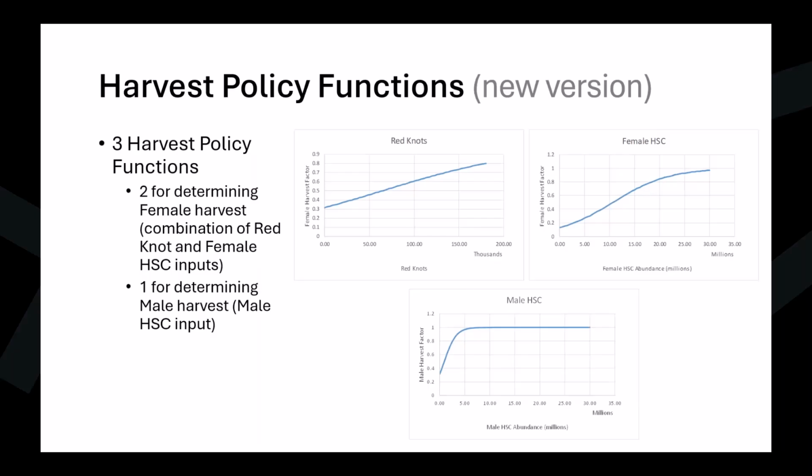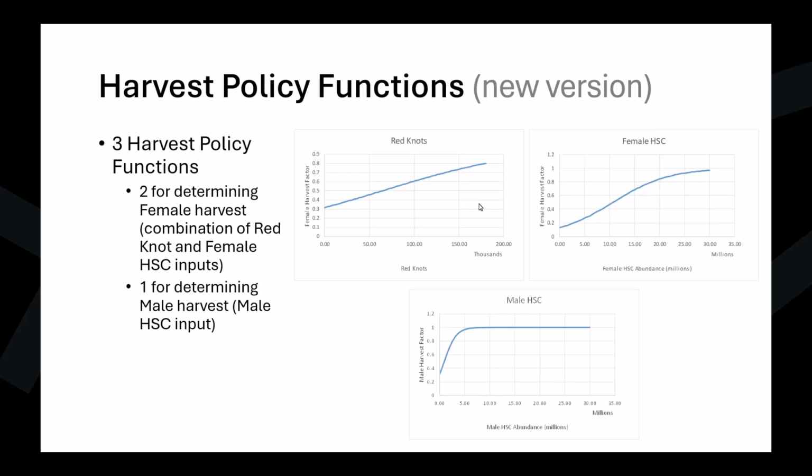Okay, so now we're looking at all the harvest policy functions in the model itself. We looked at the one at the bottom, the male harvest factor. I'm sorry, I said harvest policy functions. I should have said harvest factor functions. That's the male one on the bottom. The female harvest has 2 harvest factors, actually.